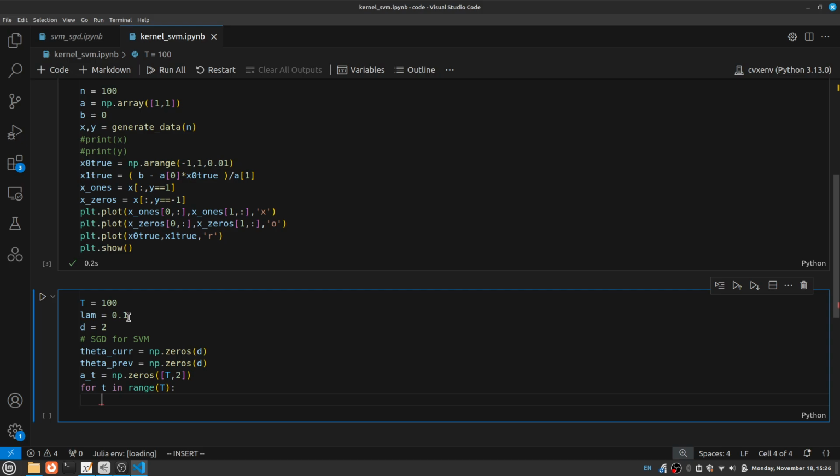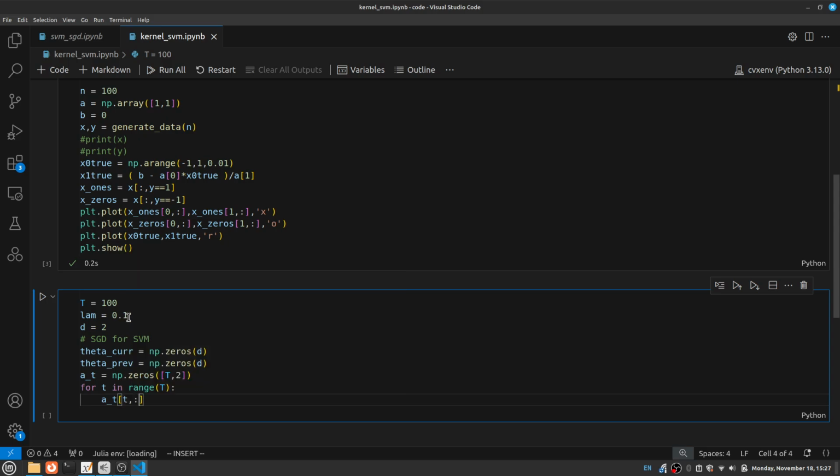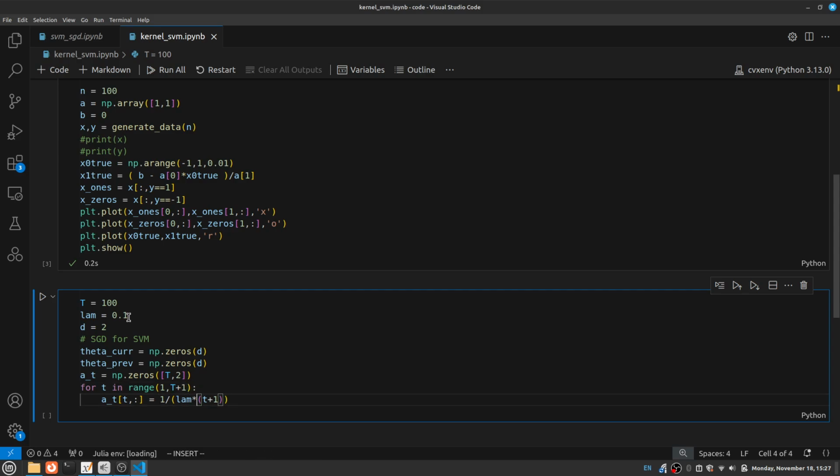So the first step is we have a_t equal to 1 over lambda times t. I mean, in this case, t plus 1, times... that's correct.